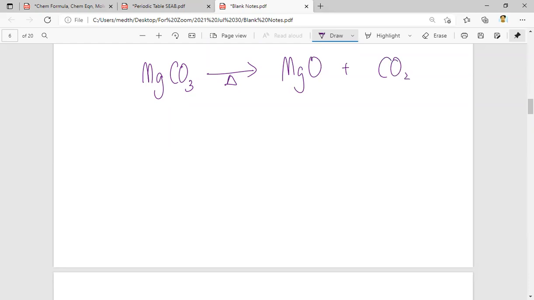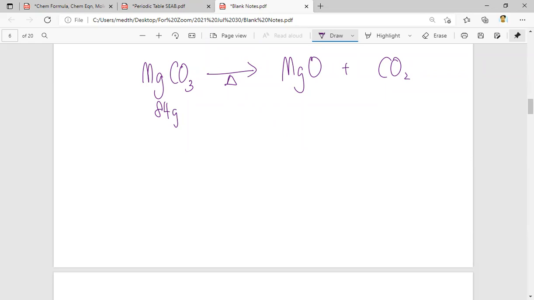One typical one that we tend to see is, maybe I use magnesium carbonate. You heat it up, you get magnesium oxide plus carbon dioxide. So one typical chemical equation. Maybe I say at the start, you are given 84 grams of magnesium carbonate.